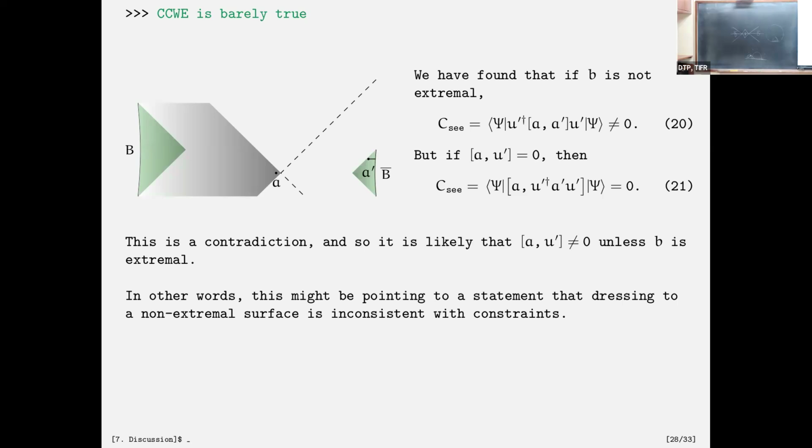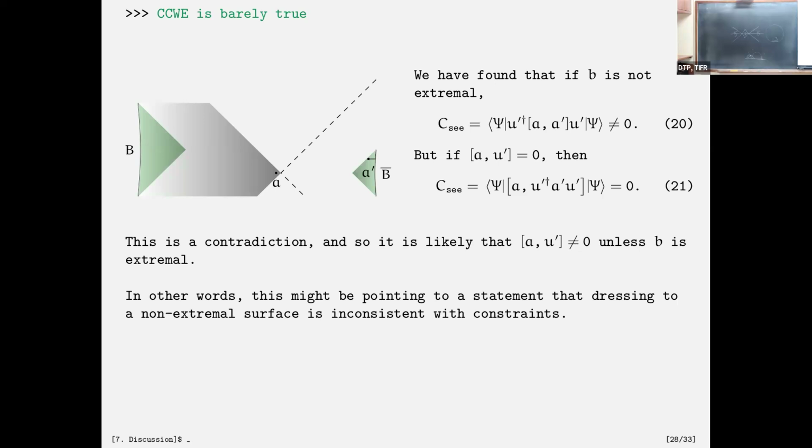That U prime would not exist as an operator on purely the right side unless B is an extremal surface. So I would love to see this from some concrete calculation where you try to trace U prime and it just fails. If I take B to be not an extremal surface, but like dou phi equals 2, that's also a reasonable surface to consider.